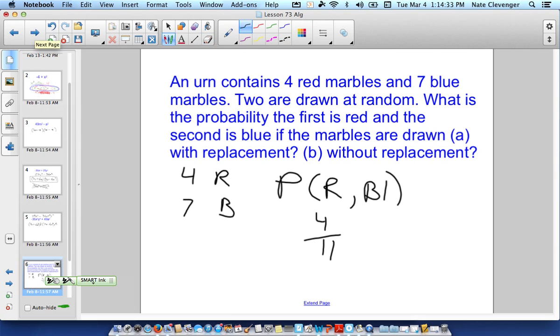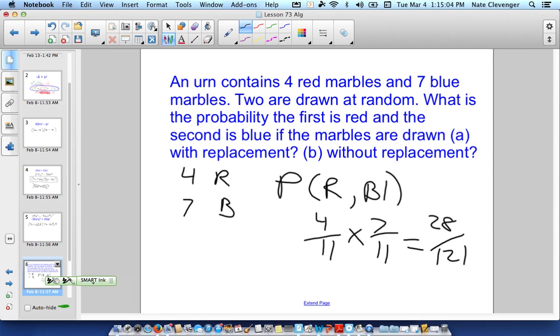What's our probability, Sarah, of getting a blue then? 7 11ths. And to get the combination, what's the operation we use, Zach, in probability? Multiplication. So you multiply those two, and that'd be 28 out of 121. That's your probability with replacement. Find the probability of each event and multiply them to find the combined probability.